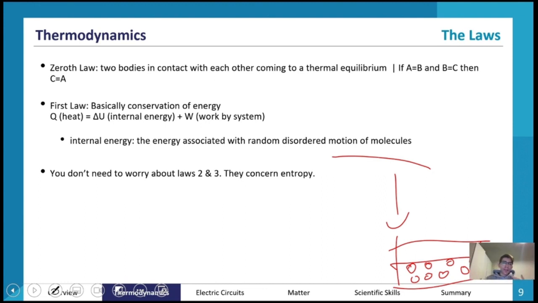That means the water molecules themselves have internal energy, and this is the energy of vibration.